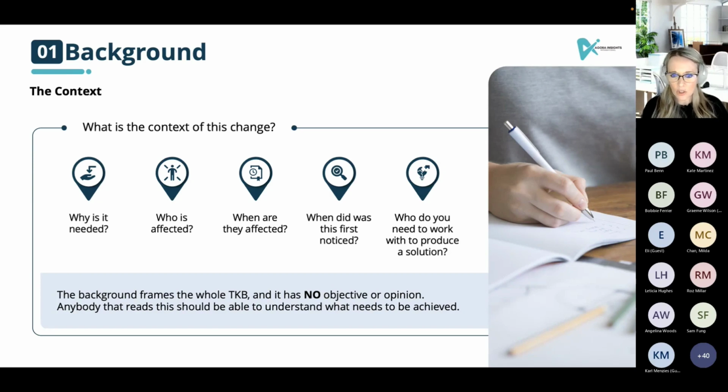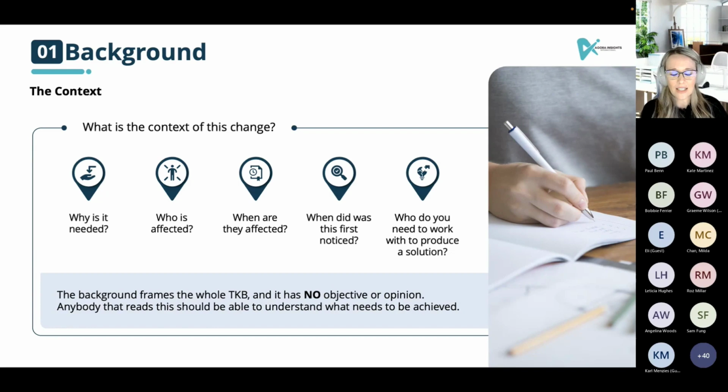It needs to be short, concise. So it needs to follow those principles that we talk about with requirements, which is not necessarily atomic, but concise. It's clear. It's understandable. It is not intended to be an academic paper. It's not intended to be specific to only one single audience.